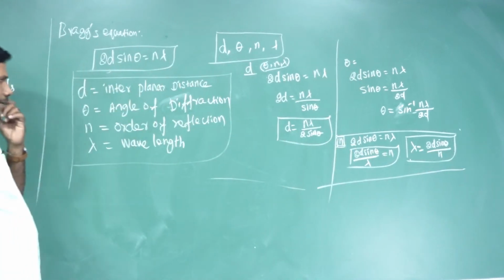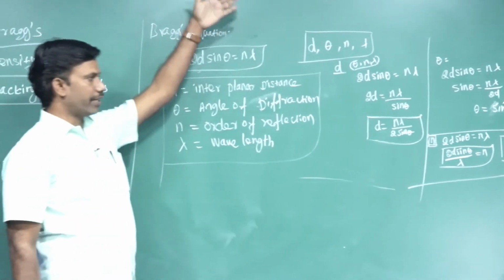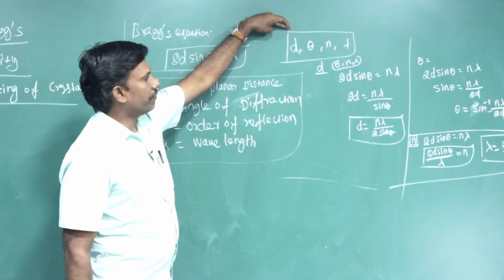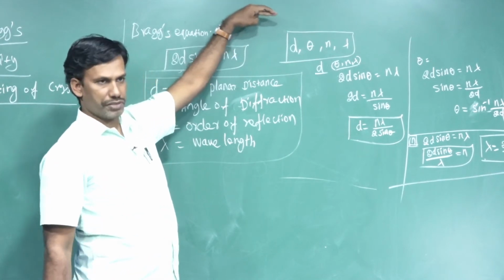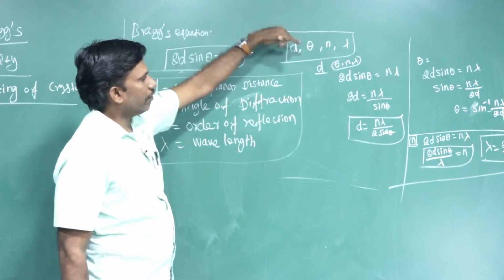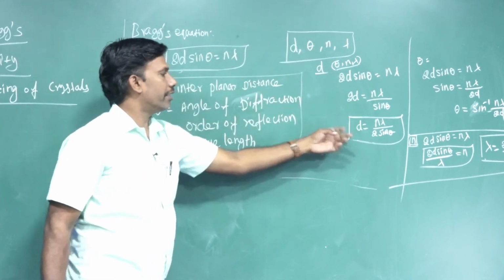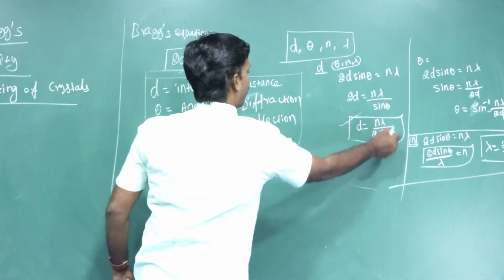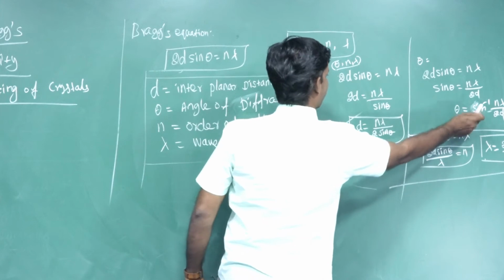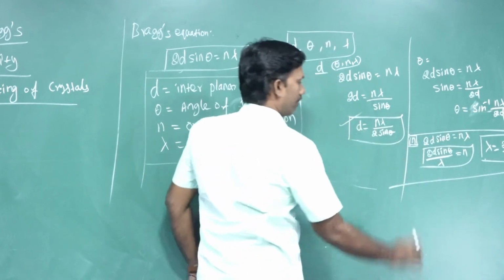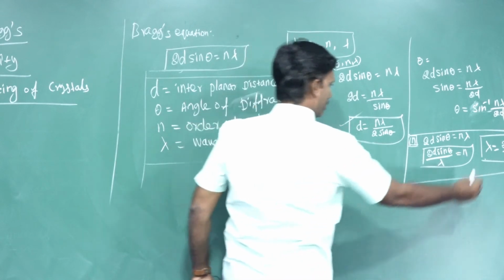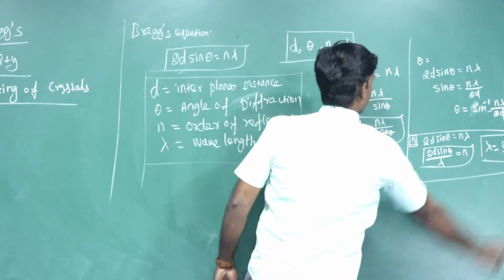Why am I writing it like this? You may get such problems. Among the four, any three will be given in the question paper. Then you need to apply the formula. If you want d, n lambda by 2 sin theta; theta equals sine inverse of n lambda by 2d; n equals 2d sin theta by lambda; or lambda equals 2d sin theta by n.